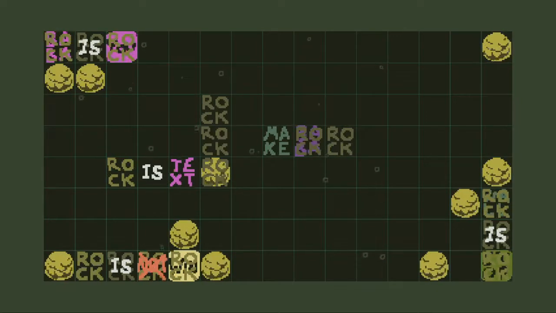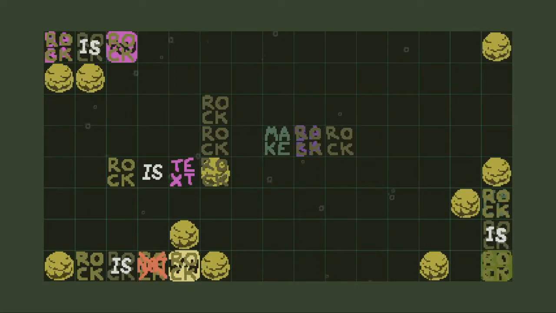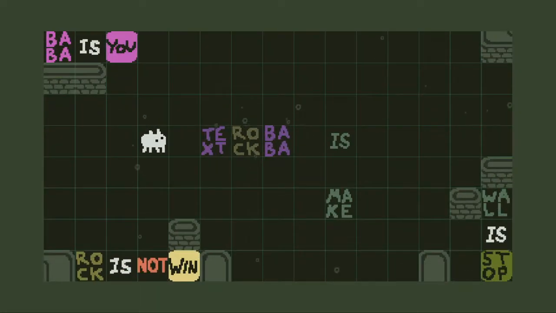Yes, because rock is not rock. And so not rock is basically empty. There's no objects. So that turned rock into empty. But in any case, I definitely have a sense of at least one way that I can get rid of the walls and possibly win this puzzle.